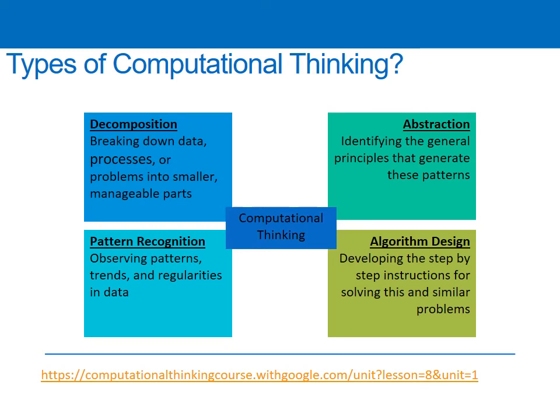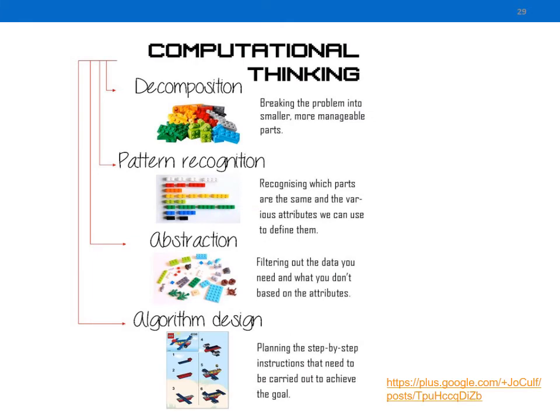These are really the four main types of computational thinking that you'll see in the primary digital technologies curriculum: decomposition, abstraction, pattern recognition, and algorithm design. On the next slide, I've got a poster that one of the CSER Community members made for teachers at her school, actually showing with Lego.